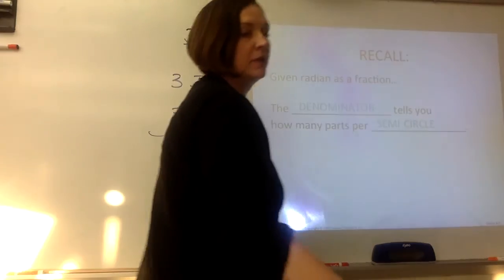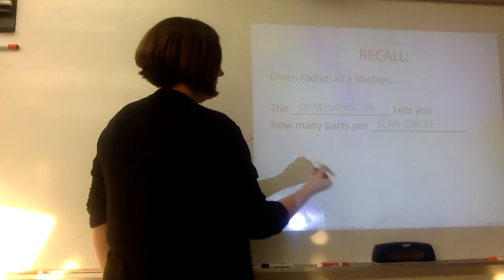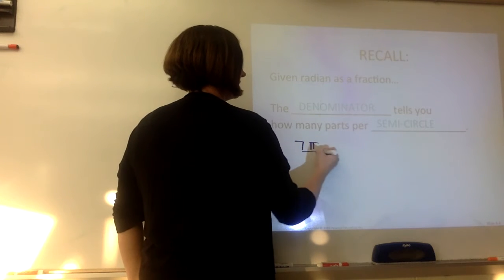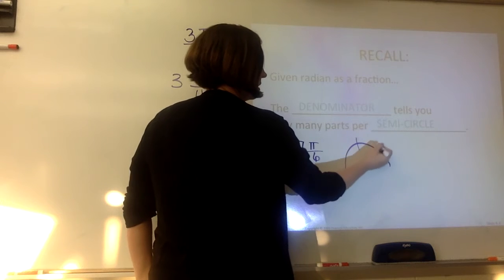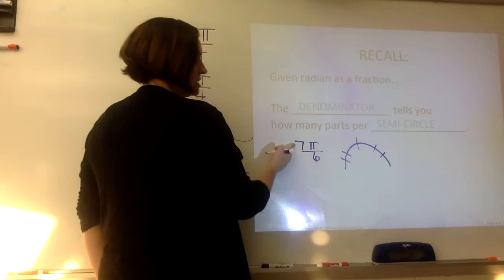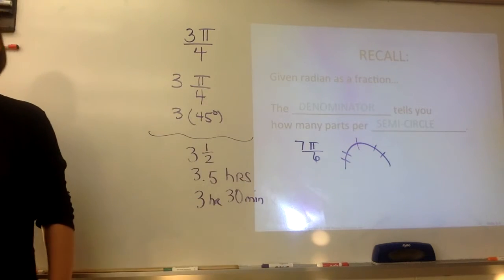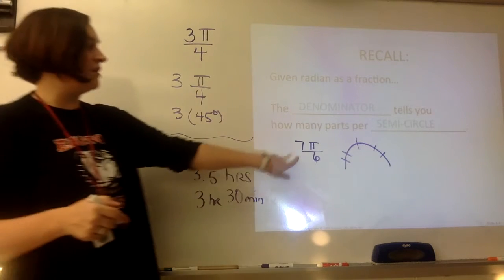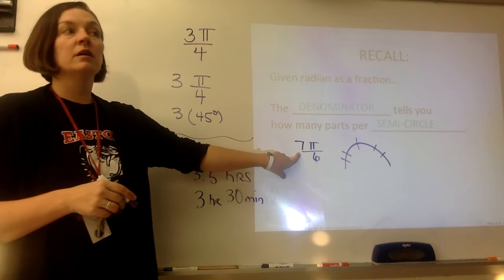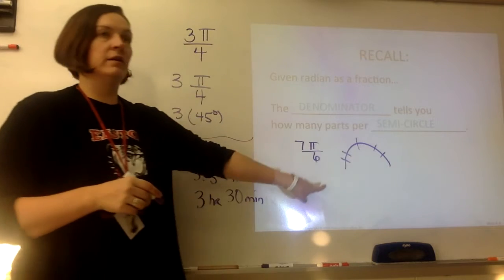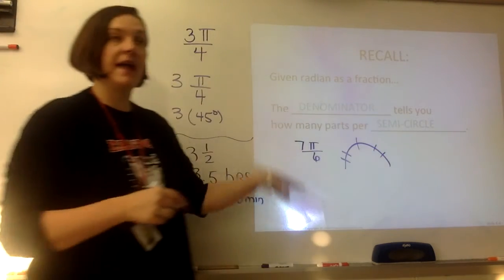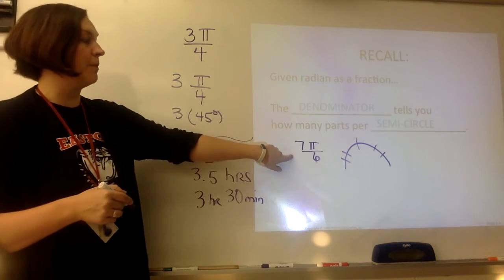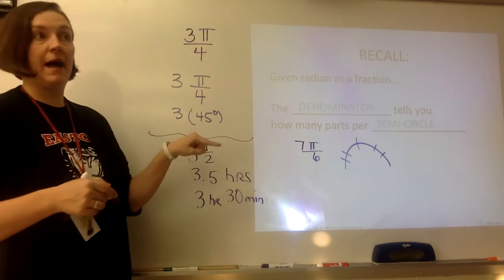So my example here would be if I had 7 pi over 6, I need 6 parts per semicircle, which tells me I need to go 1 more part beyond. Also, anytime you have improper fractions, it's more than 1 semicircle. It could be in the bottom semicircle or going around again, but anytime it's improper, you are definitely more than pi.